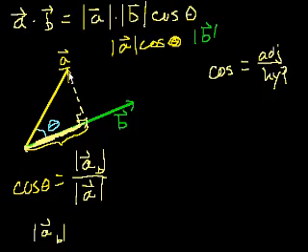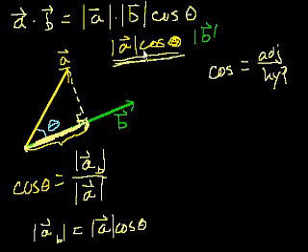The part of A that goes in the same direction as B is another way to say it, is equal to, just multiplying both sides times the magnitude of A, is equal to the magnitude of A cosine of theta, which is exactly what we have up here in the definition of the dot product. So another way of visualizing the dot product is you could replace this term with the magnitude of the projection of A onto B, which is just this, times the magnitude of B.